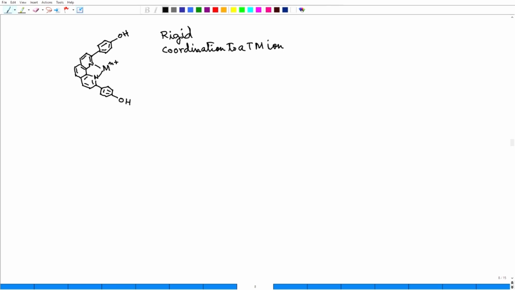How about the other sides? To have the other sides, I must have at least another one of these. If it wants 4 coordination, then I will require another. So, I write like this, another one, nitrogen, nitrogen.